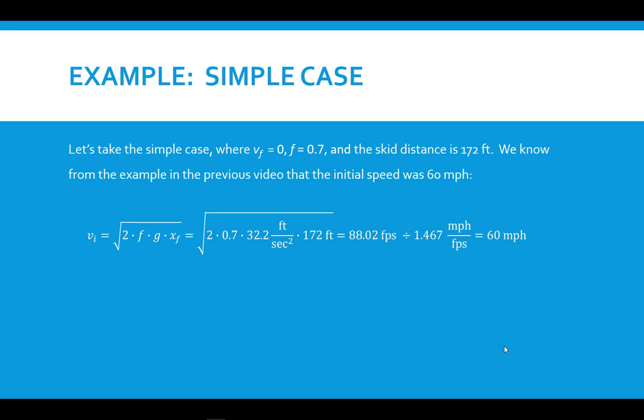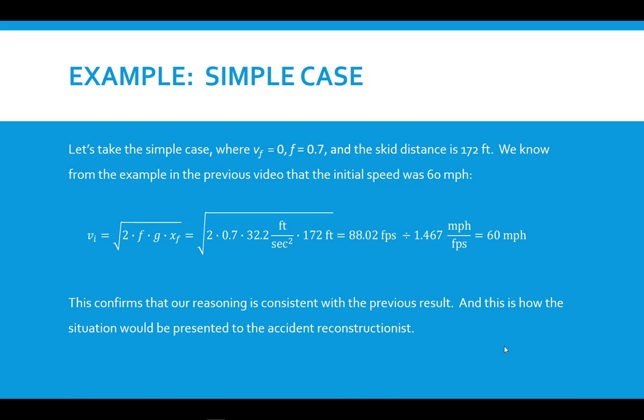Your feet per second should always be more than your miles per hour for a given speed. This confirms that our reasoning is consistent with the previous result, and this is how the end state would be presented to the accident reconstructionist.